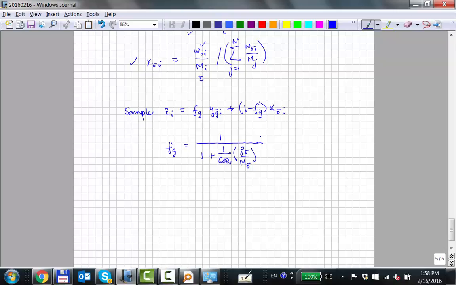That's the equation. So you've got the gas-oil ratio, cubic meters per cubic meters, cc's per cc, whatever. Then we've got the density of the flashed oil and the molecular weight of the flashed oil. I think this is right.